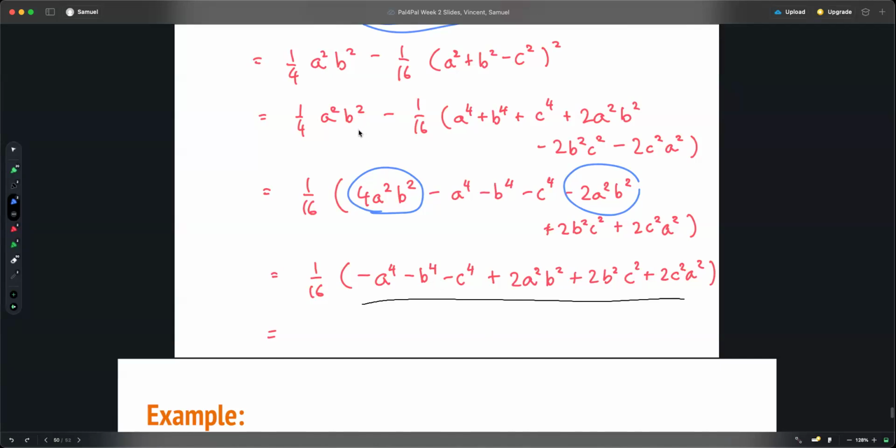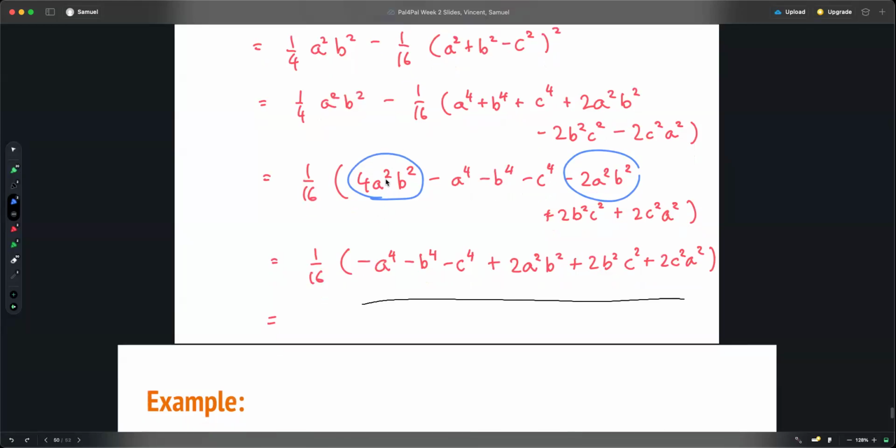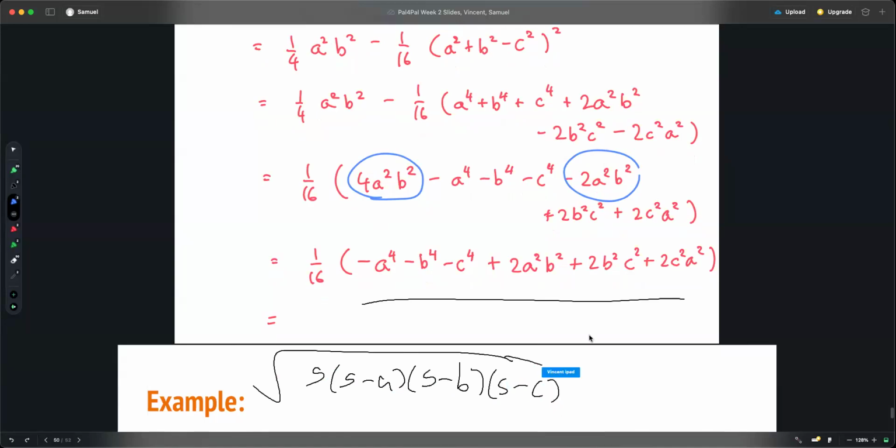So we're actually just trying to prove Heron's, so it's okay if we use the formula that they've already given us, which is the square root of s times s minus a times s minus b times s minus c. So if we expand this, s is a plus b plus c over 2.